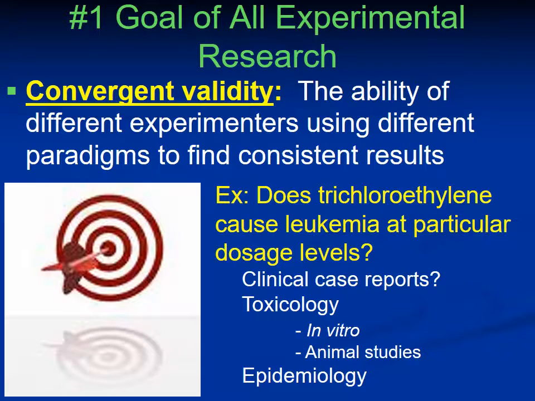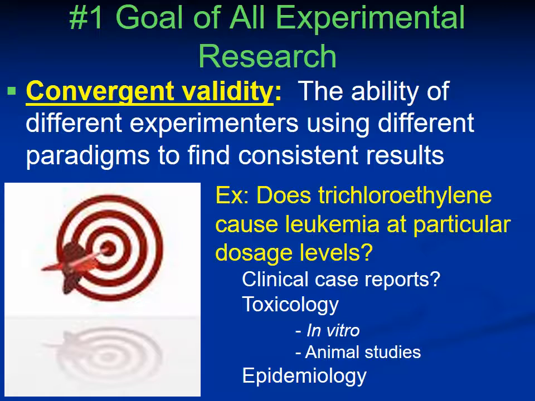And then ideally you'd want to have what the gold standard is in human toxics research, which is epidemiology, where you have some people who were exposed to trichloroethylene and you follow them to see if they develop leukemia at a higher rate than members of the population not exposed.